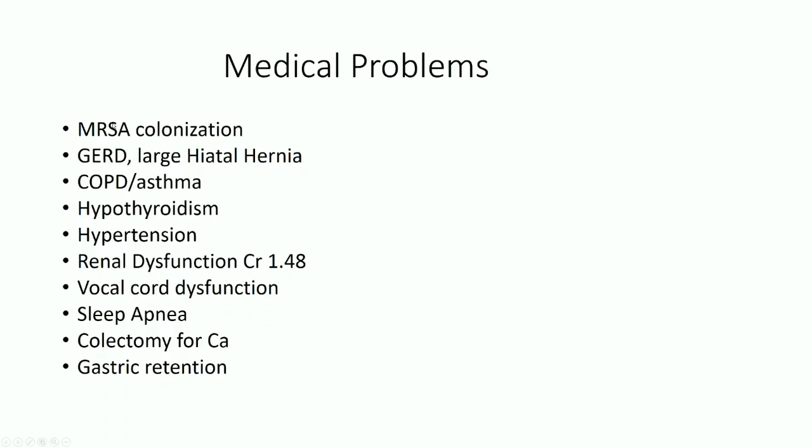She fears having surgery because she says, I've got MRSA, I don't want to have surgery. And so she's right about that. She could get infected and die easily. She's got GERD. She's got a large hiatal hernia. She recognizes that symptom. She's got COPD, and it's mostly asthma. She never smoked in her life. We're going to look at her and say, oh, she's a pink puffer, cigarette smoking.